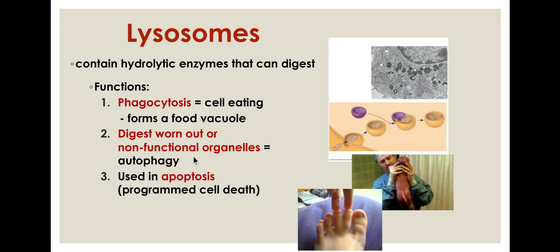We call this process of breaking down non-functioning organelles autophagy. And that process of the cell being programmed to die, whether there is an error or it's old, we call apoptosis. And that is programmed cell death.